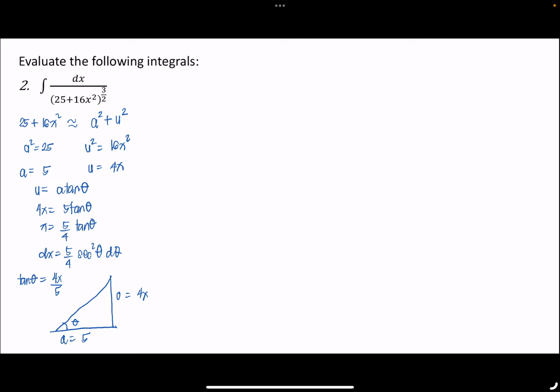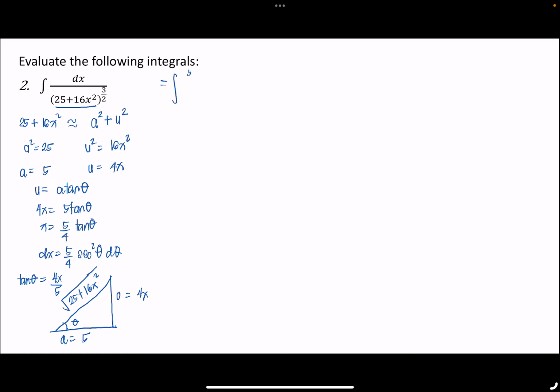The hypotenuse would be the square root of a squared plus b squared, the square root of 4x squared plus 5 squared, which is this expression. So the square root of 25 plus 16x squared. With that, I think we're ready for the substitution.